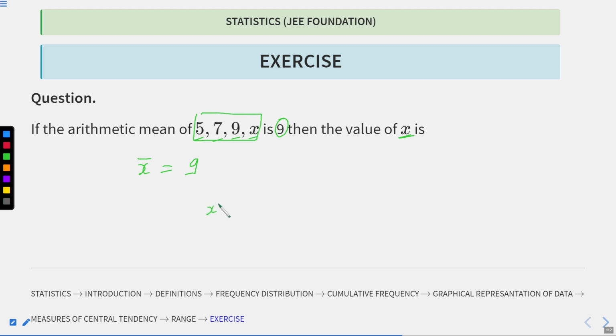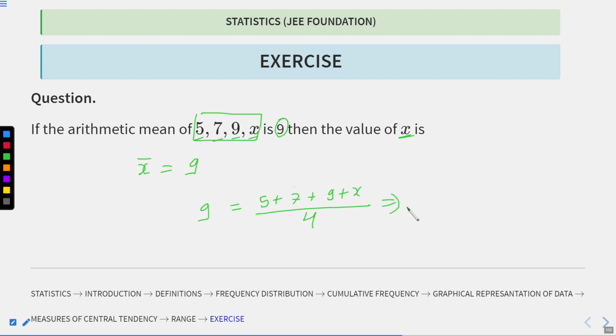So mean is equal to the sum of all the observations, which is 5 plus 7 plus 9 plus x, divided by the number of observations. There are 4 total observations, so divided by 4, and we know x bar, or the mean for these 4 terms, is equal to 9.